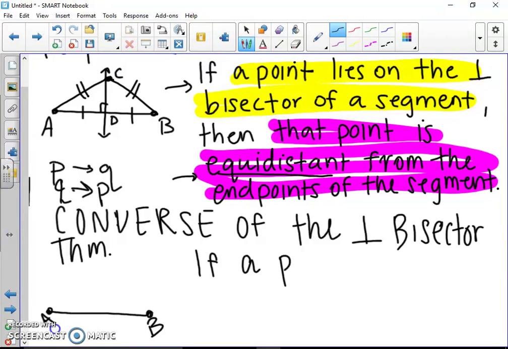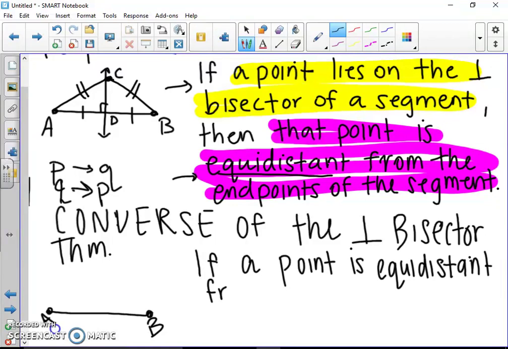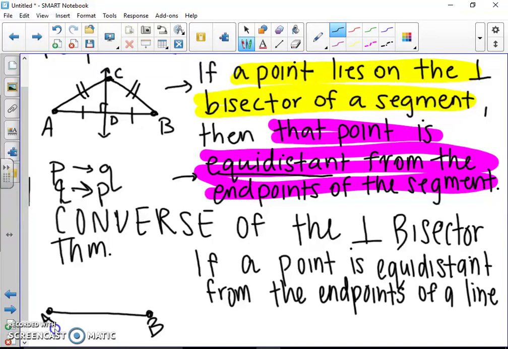If a point is equidistant from the endpoints of a segment, so we're starting with the conclusion of the first one.